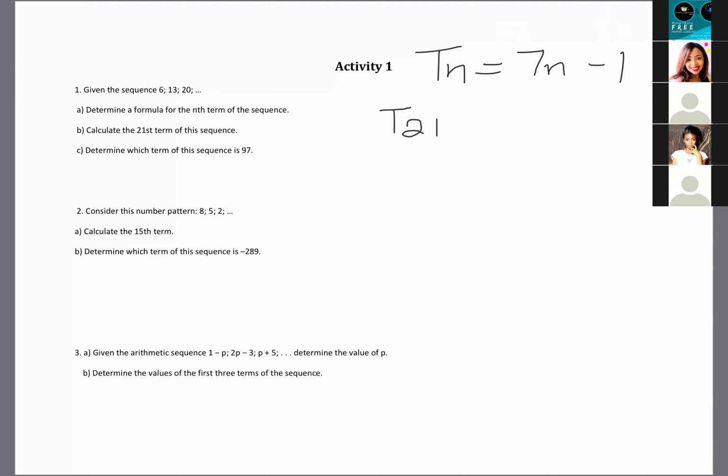So T21 is equal to 7 multiplied by 21 minus 1. And then I just punch that in my calculator, and I'm going to get 146, right? Yes, ma'am.